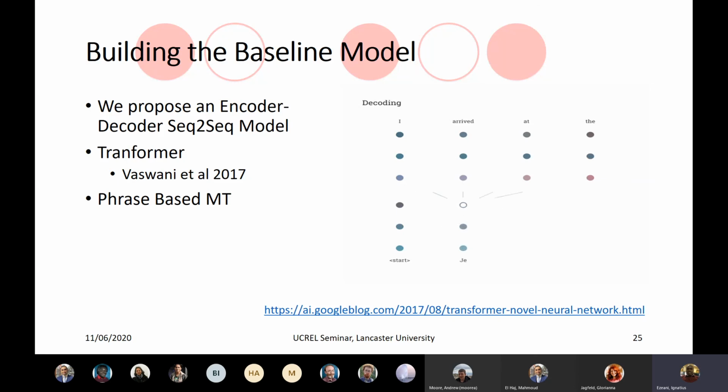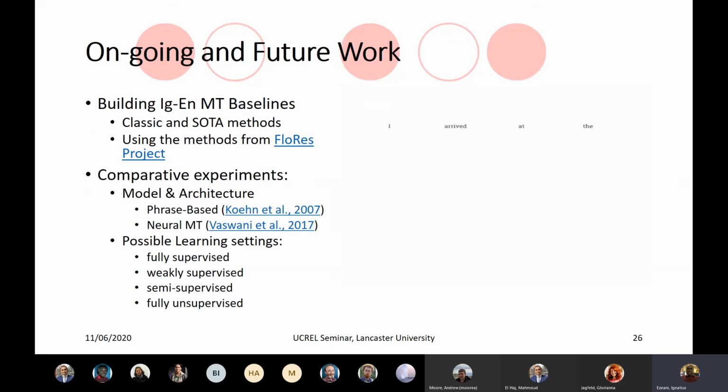So in our analysis, we are going to do a fairly good collection of experiments that cover both the state-of-the-art and the classic methods across different learning settings.